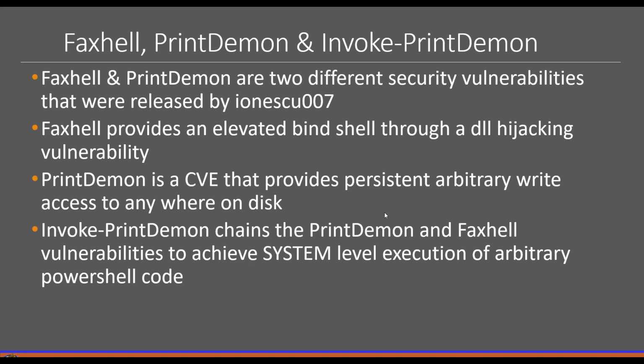And then PrintDemon is a CVE that provides persistent arbitrary write access to anywhere on disk. It turned out that when you added a printer port, because Microsoft supports things like print to PDF and that kind of stuff, you could set a printer port to a file instead of a port, to support print to PDF.